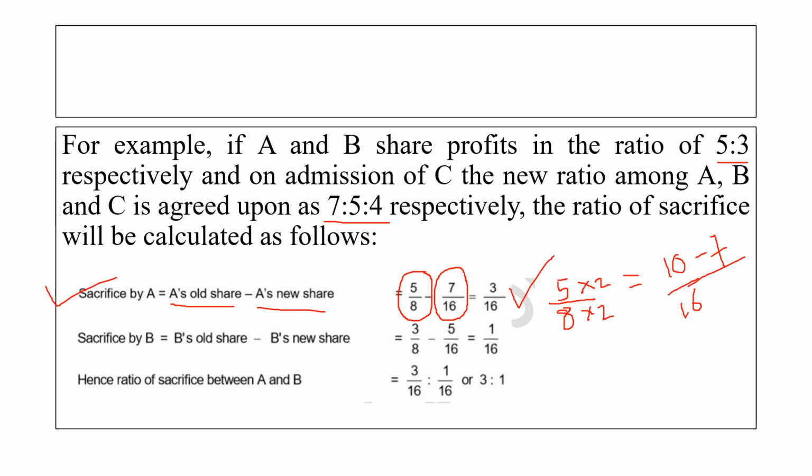Then we see the sacrifice by B: old share minus new share, that is 3/8 minus 5/16. We get 1/16. Hence the sacrificing ratio of A and B will be 3:1.